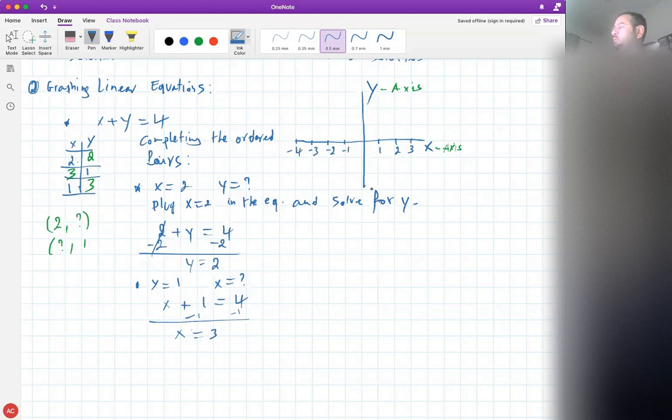And for the vertical number line, it starts from 0. So everything is 0 here. Both x and y are 0. So up here, the numbers are positive. And down here, below 0, the numbers are negative.